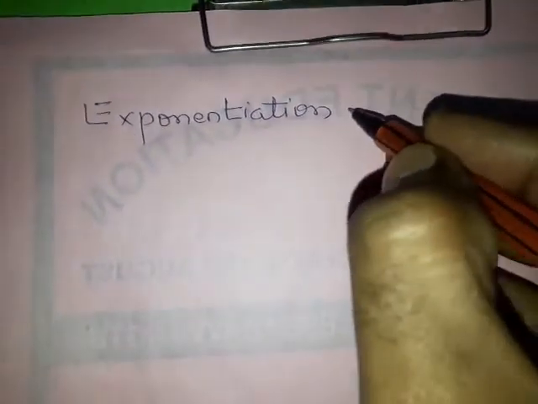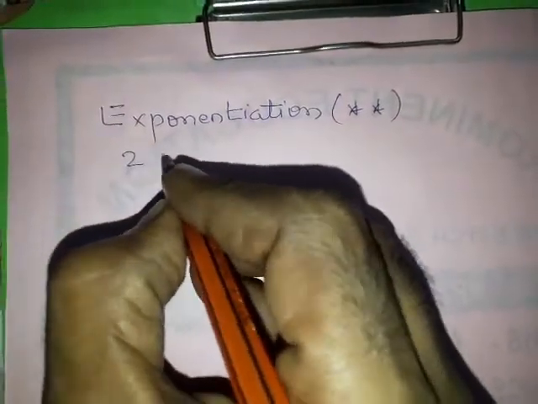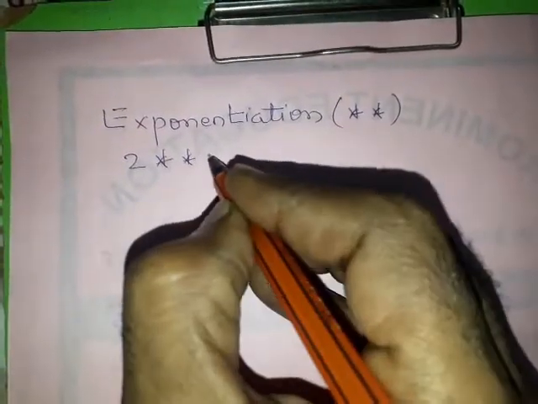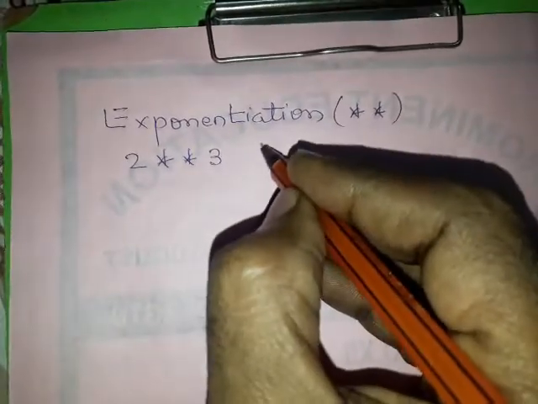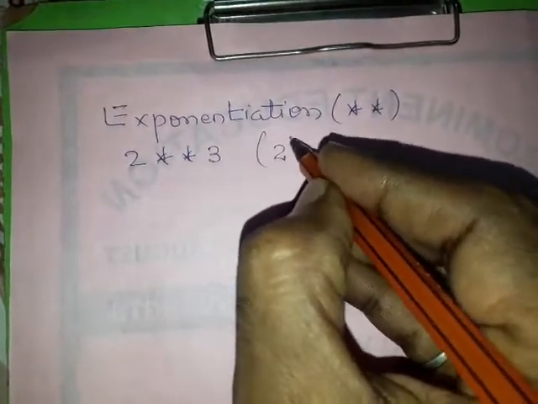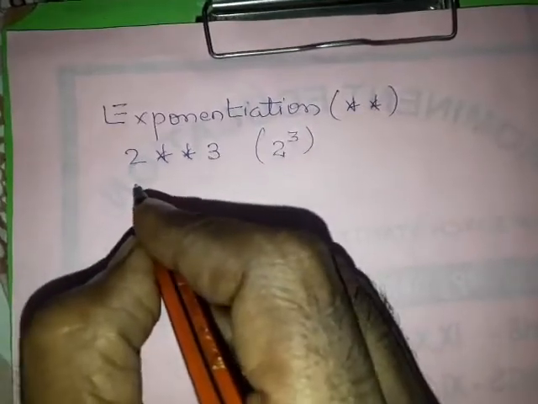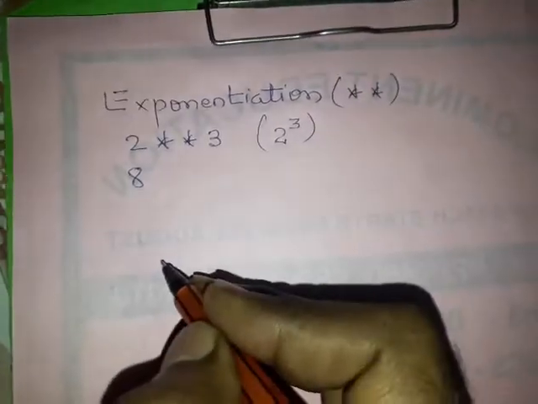Our next operation is exponentiation operator. The symbol is double asterisk. If I write 2 exponentiation 3, it means 2 raised to the power 3, so the output will be 8.